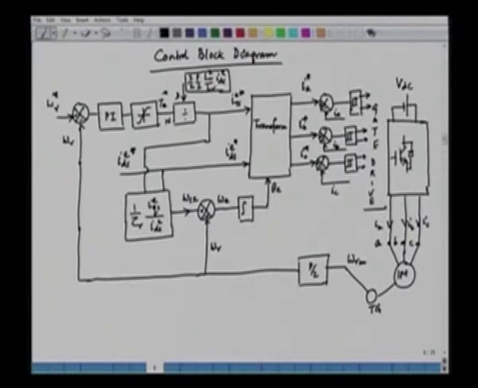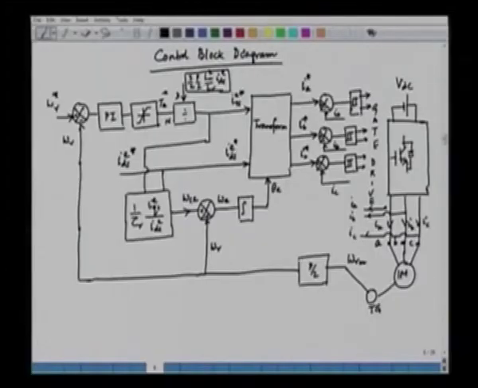So we can have current sensors in 3 phases to give us IA, IB, and for phase C another current sensor to give us these 3 signals. These 3 signals can be fed back as the feedback signal for phase A, phase B, and phase C inverter control. So this actually is a closed loop control block diagram for indirect vector control.